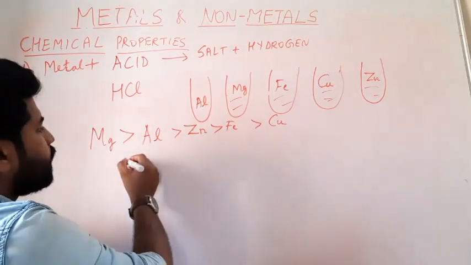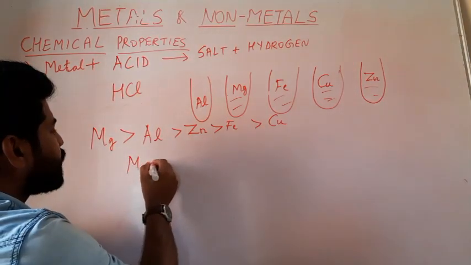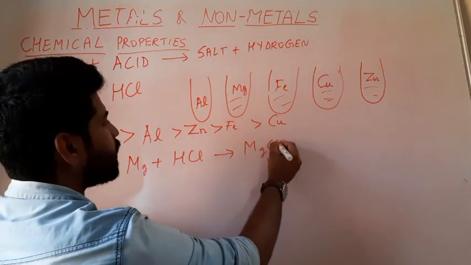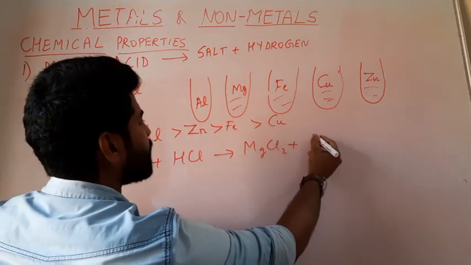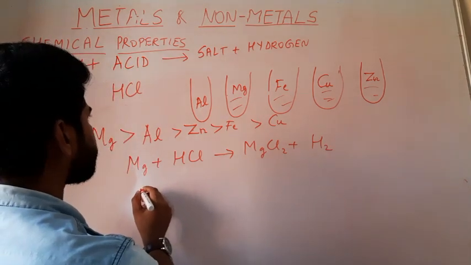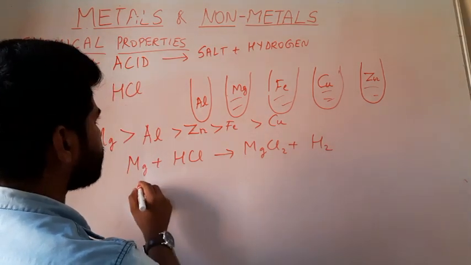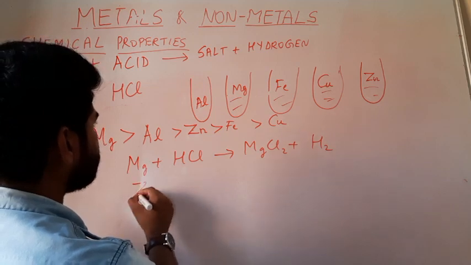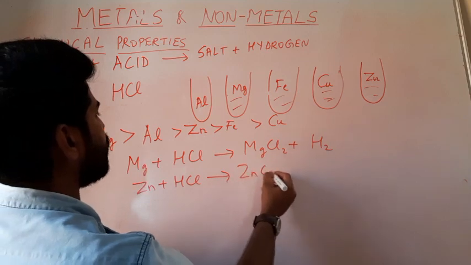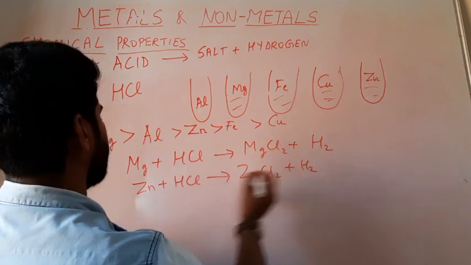Let us write two reactions quickly. So magnesium plus acid will give you salt, MgCl2 plus hydrogen gas. Similarly, zinc plus HCl will give you ZnCl2 plus H2.